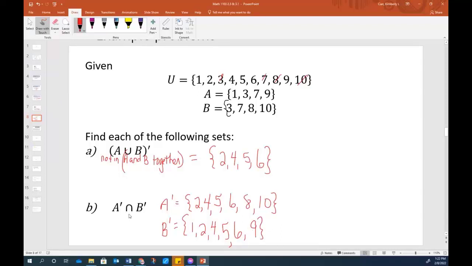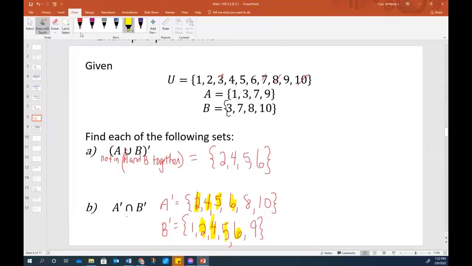So now if I want their intersection, it needs to be in both of them, okay? So now I want to think, well, what is in both of them? I see a 2. Oh, I was supposed to pick up a highlight. A 2 is in both of them. 4, 5, and 6.